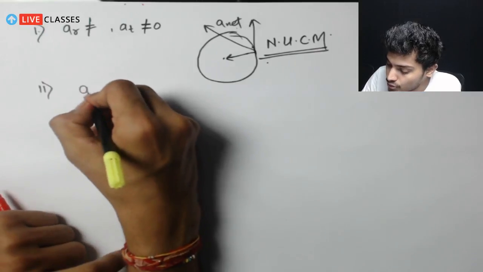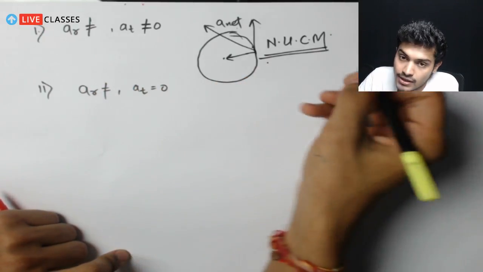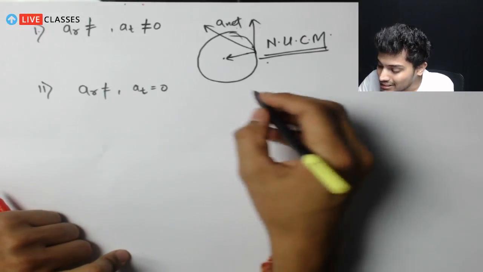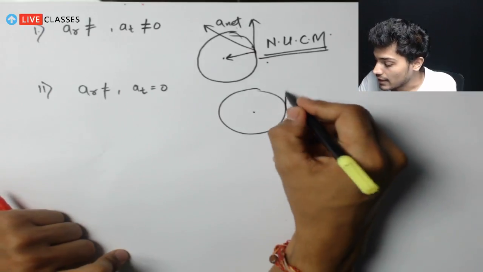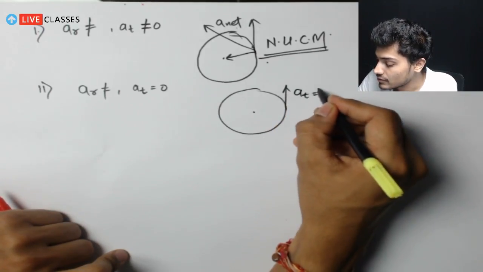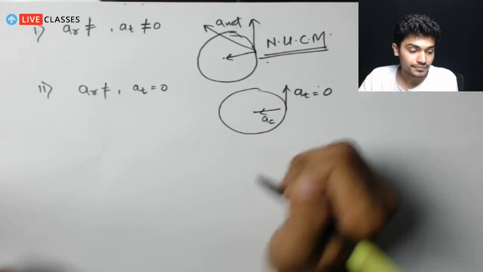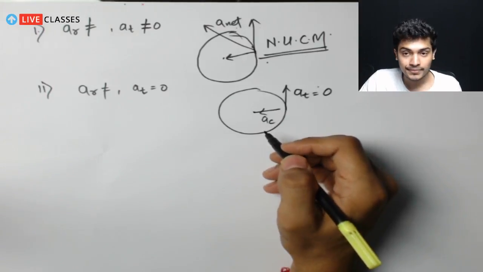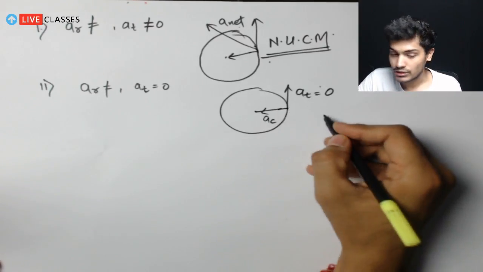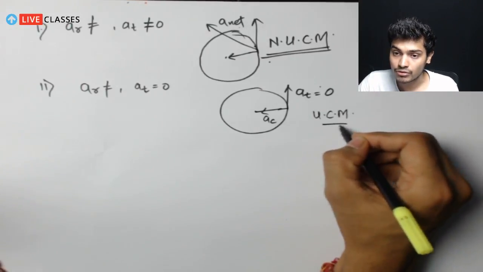In the second part, suppose AR is not 0 but AT is 0. AR not 0 means the body is moving in a circle, and AT is 0 means it is moving with constant speed. So it will be a case of uniform circular motion.